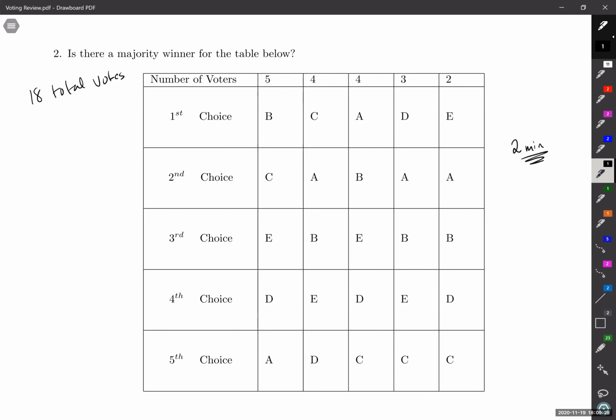Now you could either change 50% to a decimal and multiply by 18, or since this only works with 50%, but it does work out so nice, you could also just always divide the number by 2. Both work, and we get that exactly 50% of 18 is 9 votes. Now a majority is actually more than 50%, so would we agree we need to go 1 up to get the actual majority? So we'd say 10 votes or more for majority.